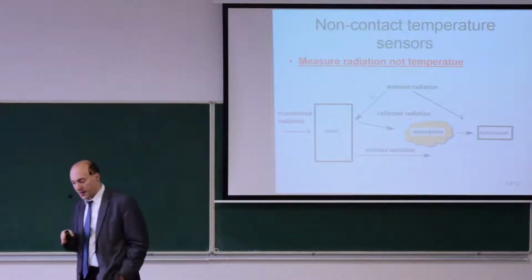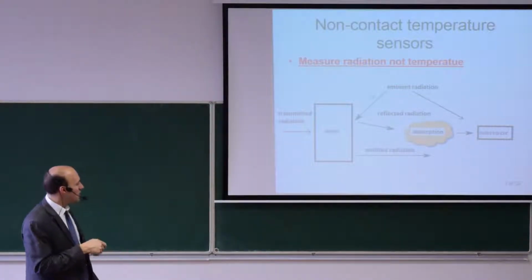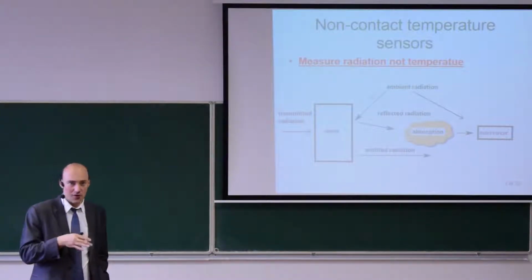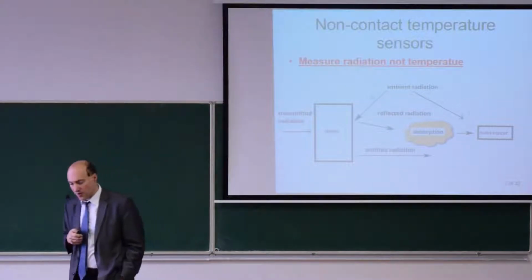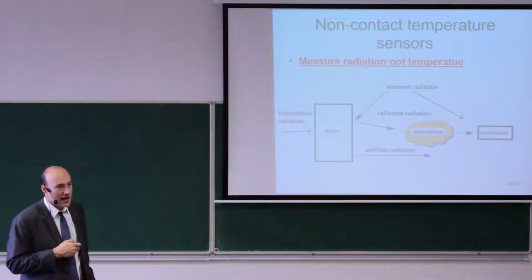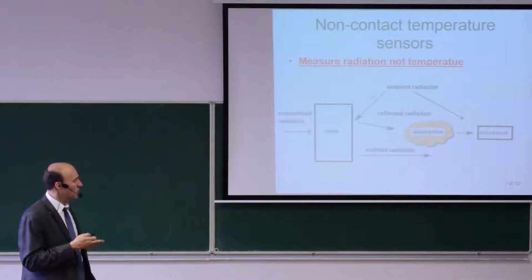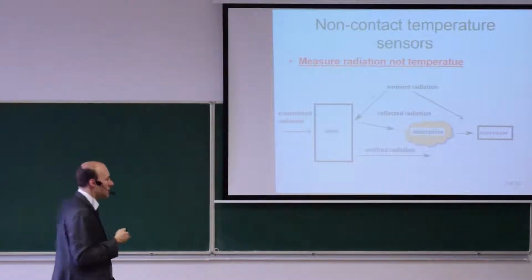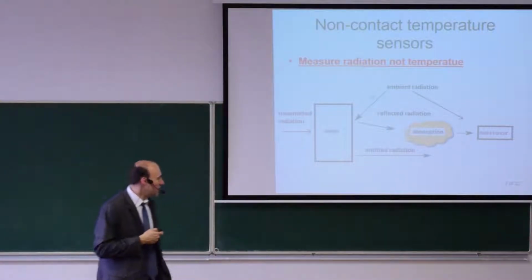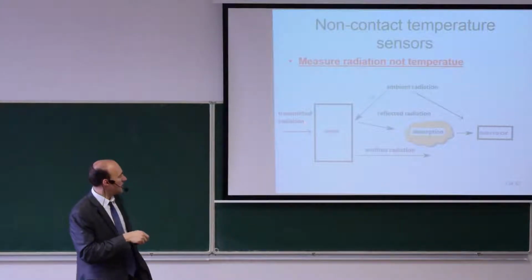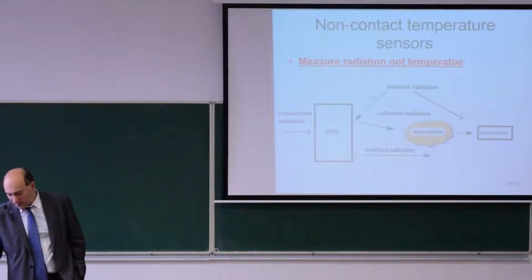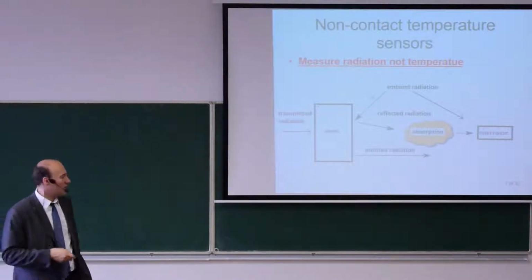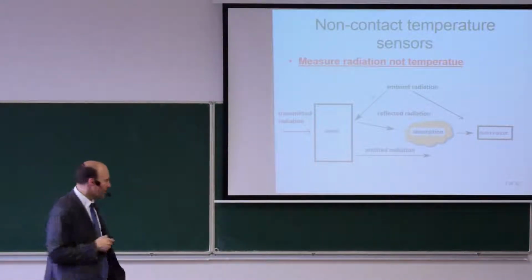So in the area between the object and the sensor, you will have something that will absorb all or at least some parts of the energy, and you will not be able to measure the emitted radiation directly. So today we will discuss all those parts here, and we will see what we can do with it if we want to measure correctly with a non-contact temperature sensor.